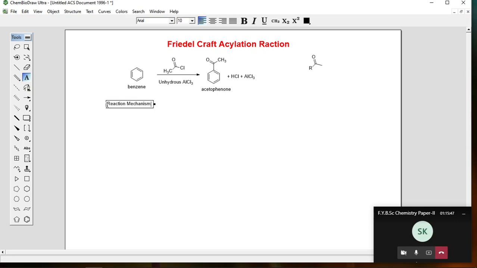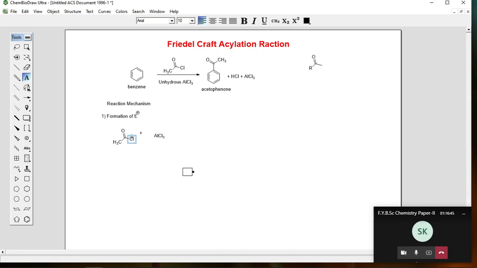Mechanism: first, formation of the electrophile. Acetyl chloride reacts with anhydrous AlCl3.